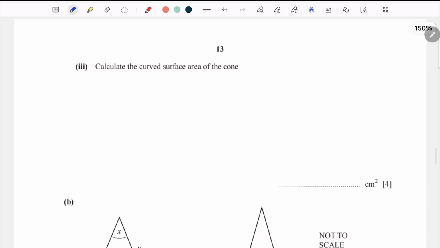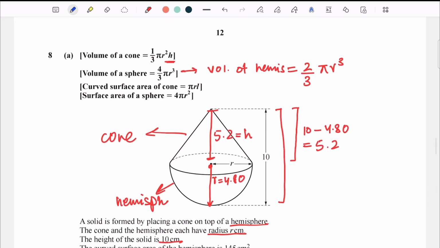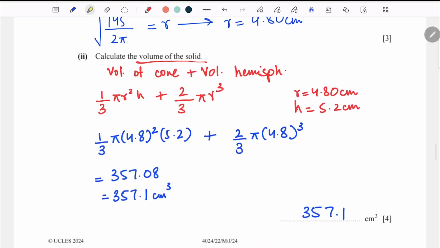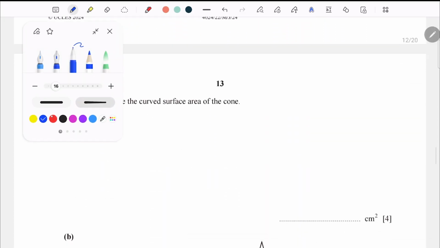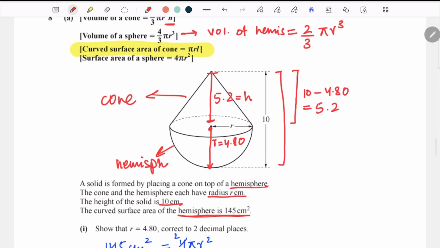Now in part 3, calculate the curved surface area of the cone. Curved surface area of the cone was given to us. Pi RL. So curved surface area of the cone is pi RL. Radius was 4.80, and the length is basically this region.